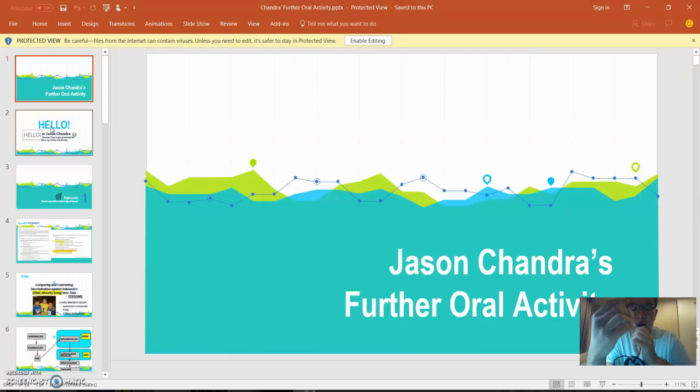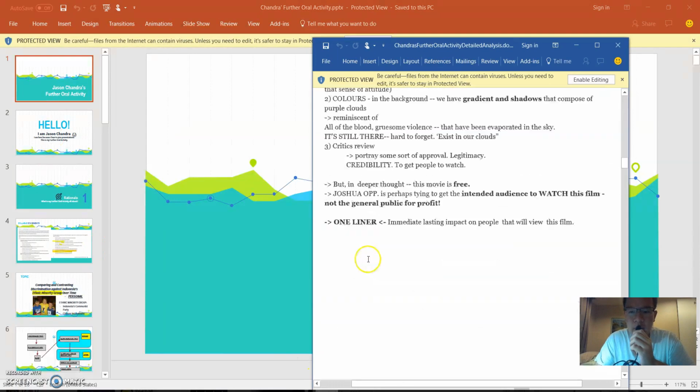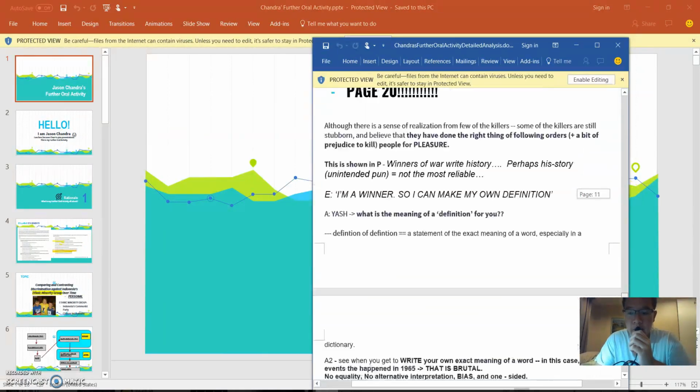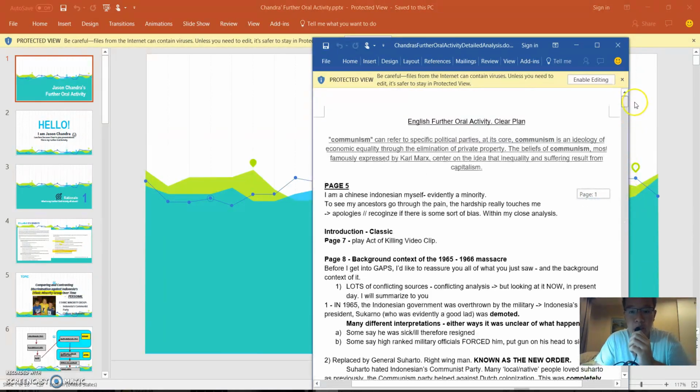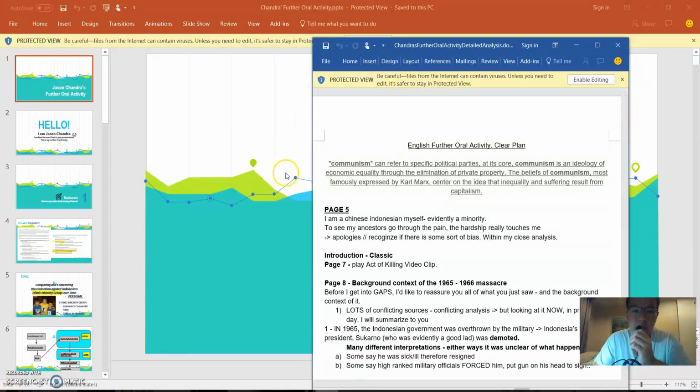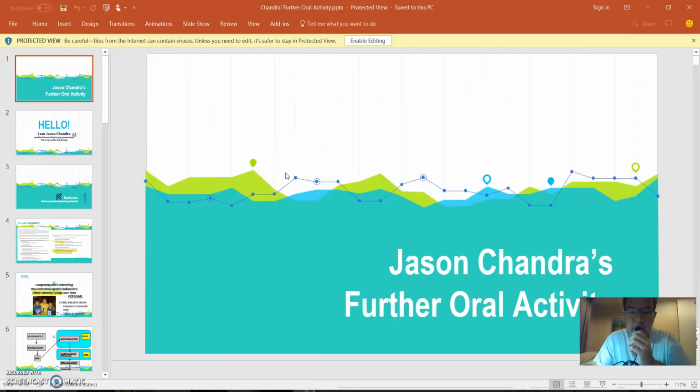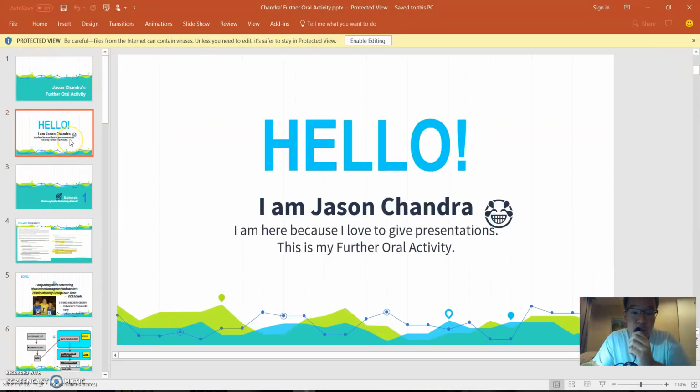But if mine is fast paced, the audience will be extremely excited, going slide after slide after slide. And I have a Word document to back up what I'm saying, but I memorize this Word document. I don't like reading off a piece of paper. So yeah, that's basically my FOA structure in a nutshell.